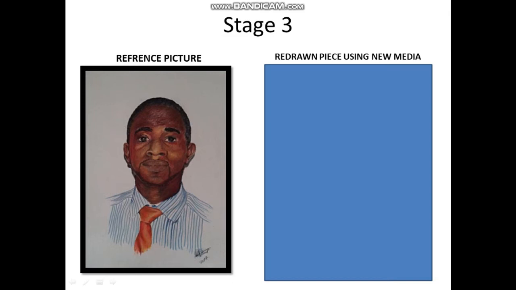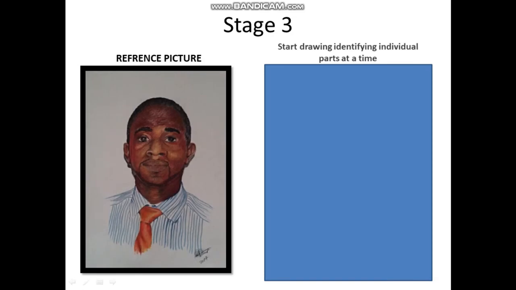Please ensure that the surface you're drawing on is turned in the same direction as the item you're drawing from. Now, let's start drawing by identifying individual parts, one at a time.